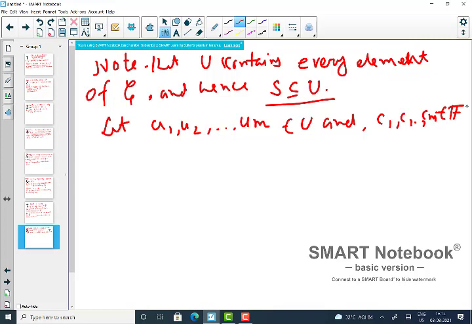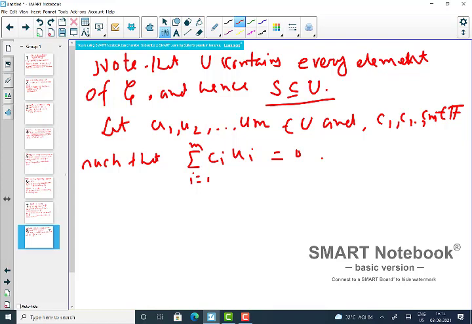The original vector space V is over some field F, right? Such that the sum over i equal to 1 to m of ci ui is 0. Okay, this is given to you. Now I need to prove that all the ci's must be 0.